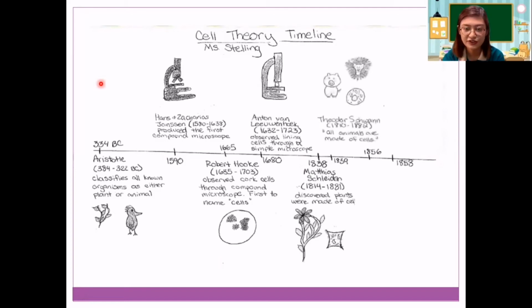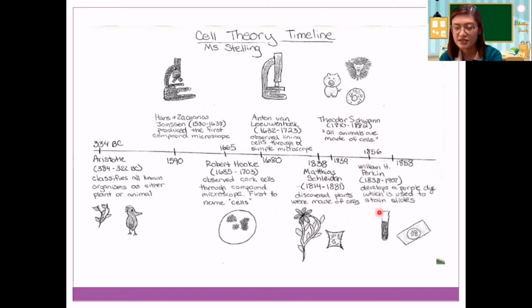By 1839, Theodor Schwann, also mentioned in the video earlier, said all animals are actually made up of cells. So if Matthias Schleiden observed that plants are made up of cells, Theodor Schwann observed that animals also have cells, just like us humans.